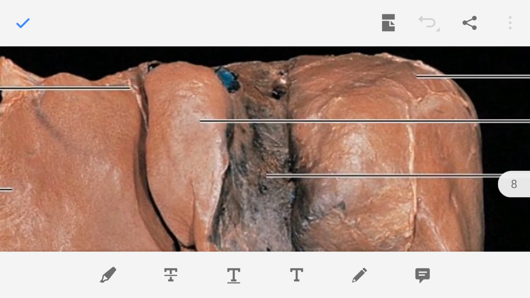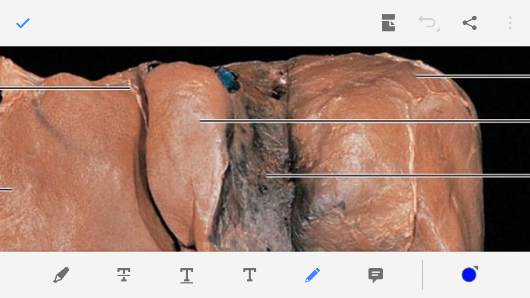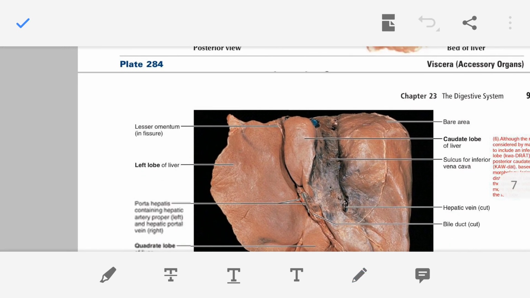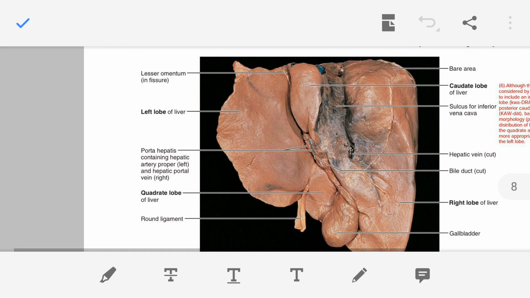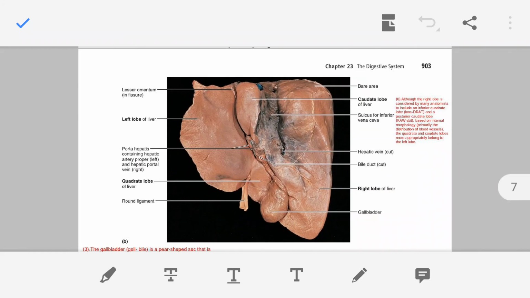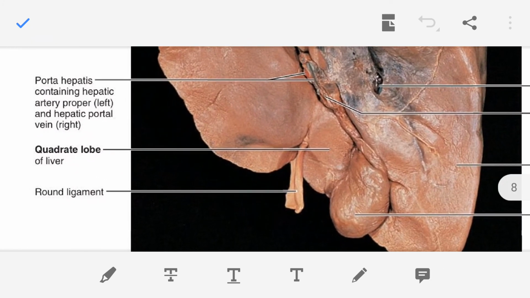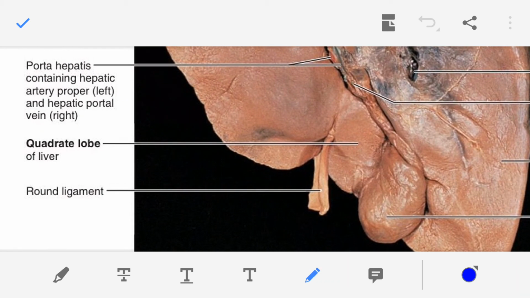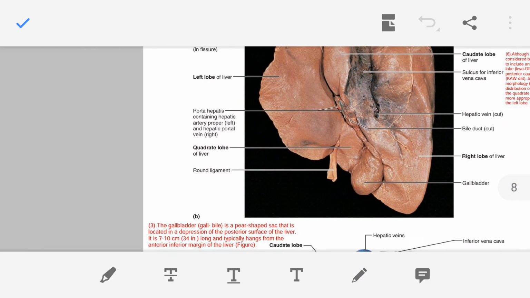So this one is the caudate lobe of liver, and here, this part, is the quadrate lobe of liver.